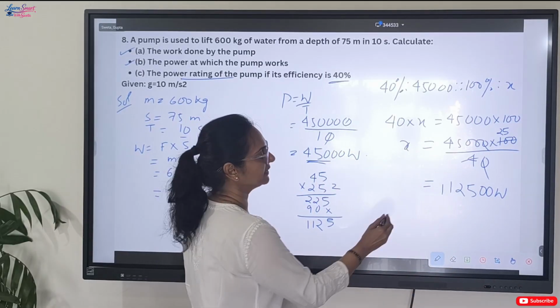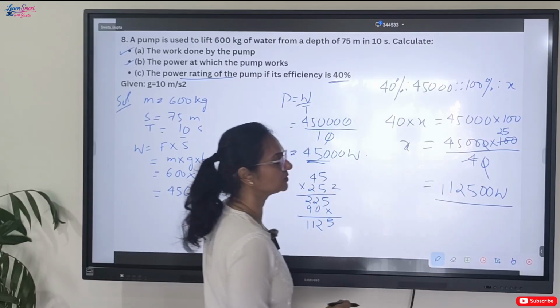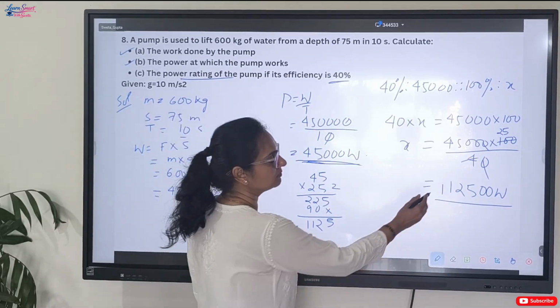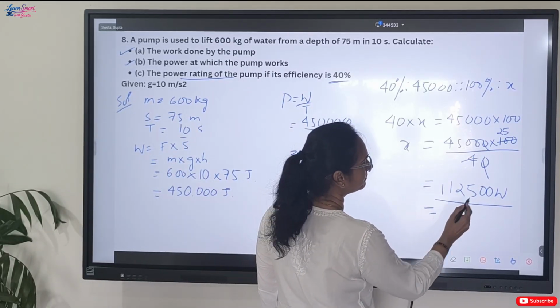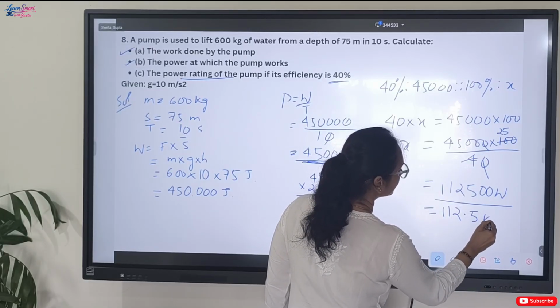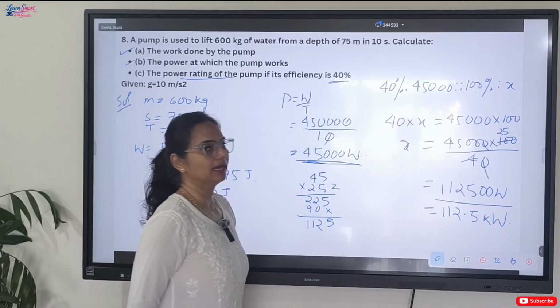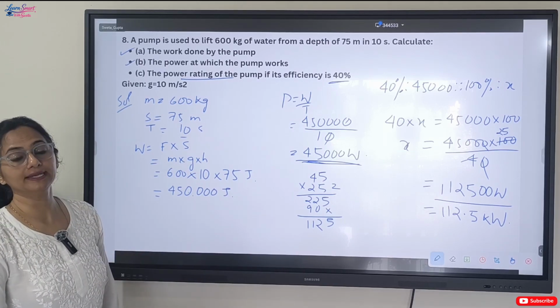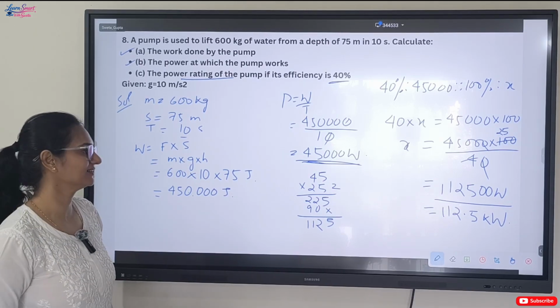So after calculating, we will get 112500 watt, and we can also convert this to kilowatt by dividing it by 1000. We will get 112.5 kilowatt, and that's how this can be calculated. Let's see the next question.